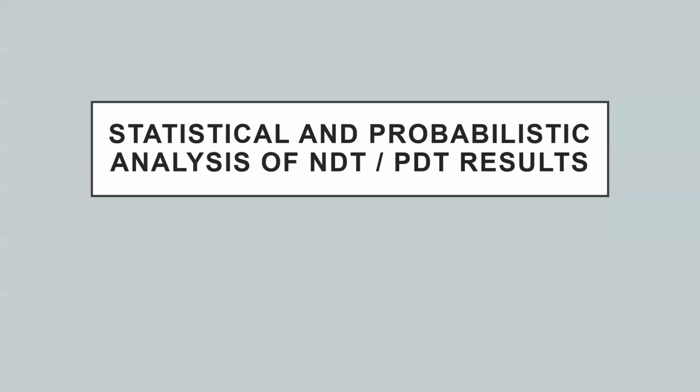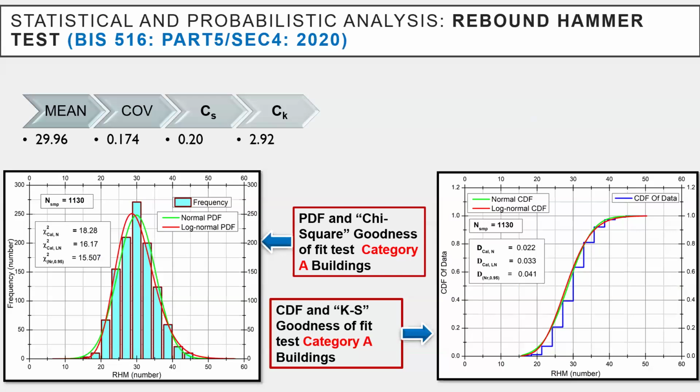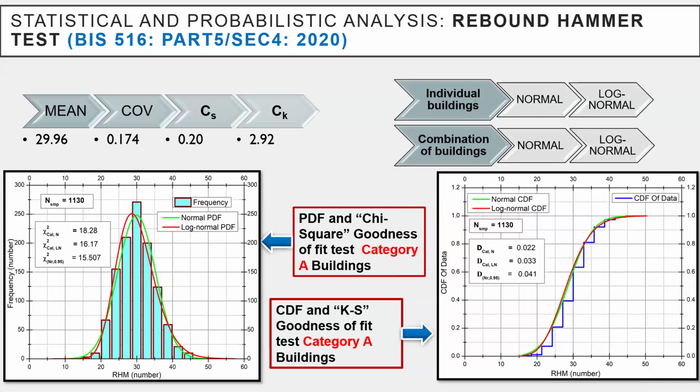So a good alkaline environment is maintained inside the concrete. Now, after carrying out this qualitative analysis of NDT and PDT, the next step was to carry out statistical and probabilistic analysis of the NDT and PDT results. So for rebound hammer, I am presenting the result for category A buildings.